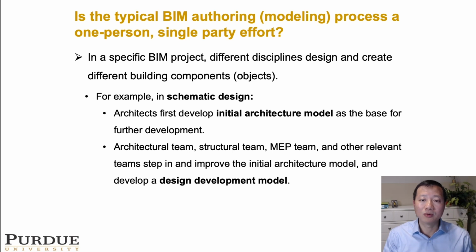For example, in your schematic design, your architects will first develop an initial architectural model and use this one as the base model for all other disciplines to develop more detailed models. Using this initial architectural model, the architectural team, structural team, MEP team, and any other relevant teams will step in and improve the initial architectural model and develop a design development model.